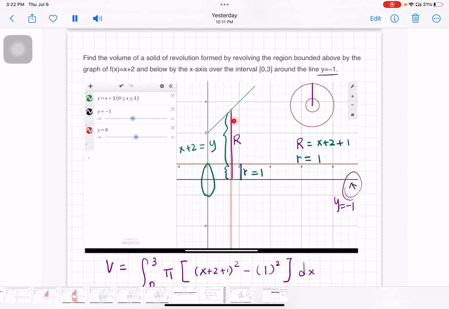If you slice your object vertically, it's going to be dx. If you slice your object horizontally, it's going to be dy. And just like the last example we had here, because we are now rotating along a line other than the x-axis or the y-axis, you do need to find your radius, taking into consideration the rotation line. For this case, y equal to -1.